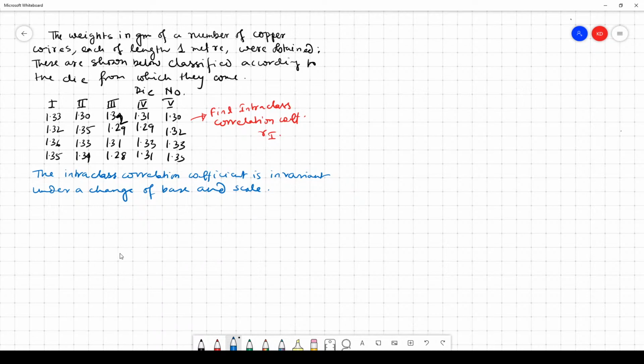And let us define a new variable u equal to 100 into x minus 1.28, where x is the original variable.